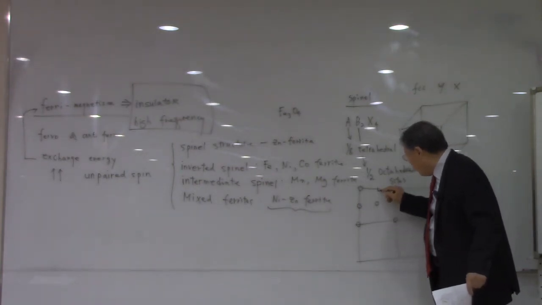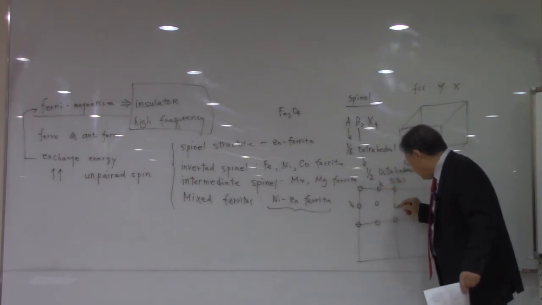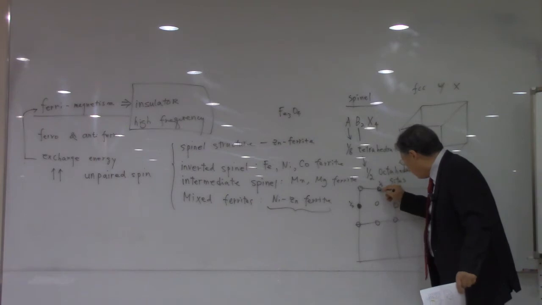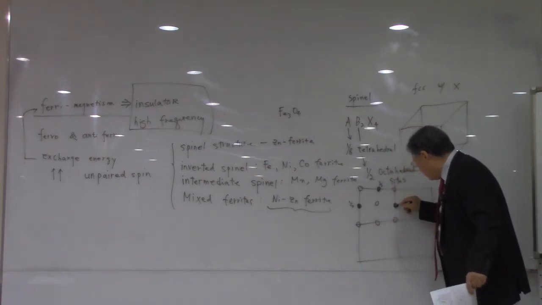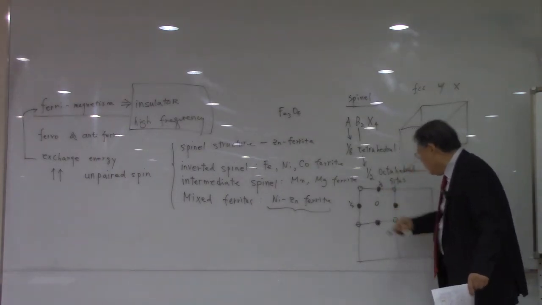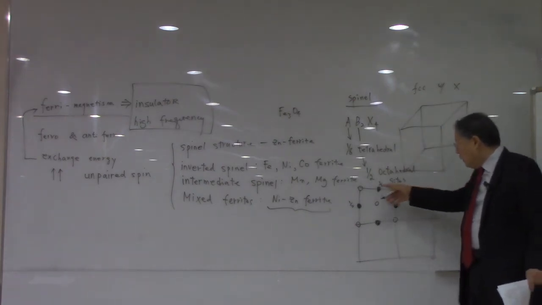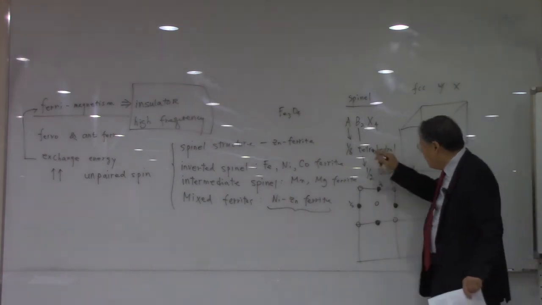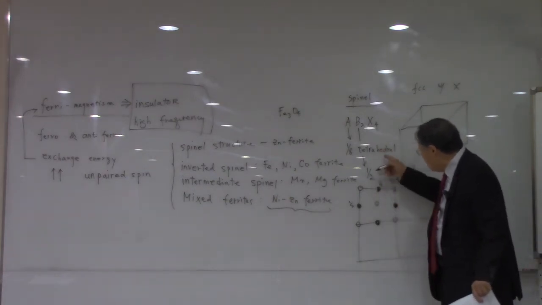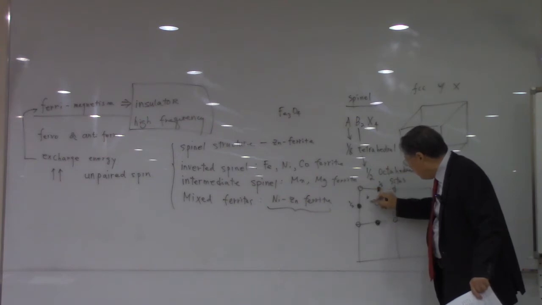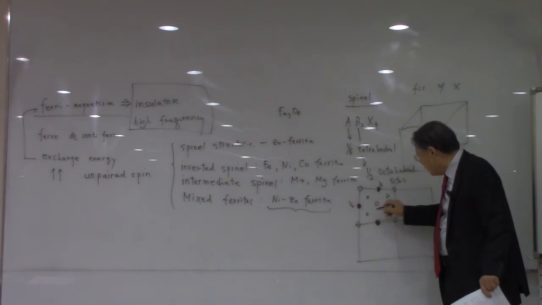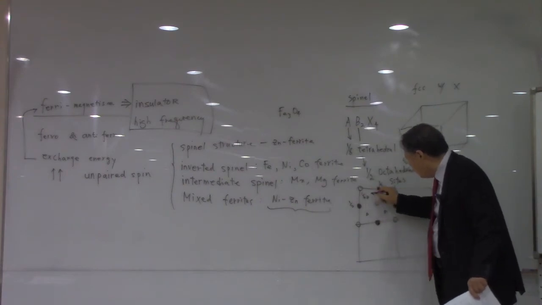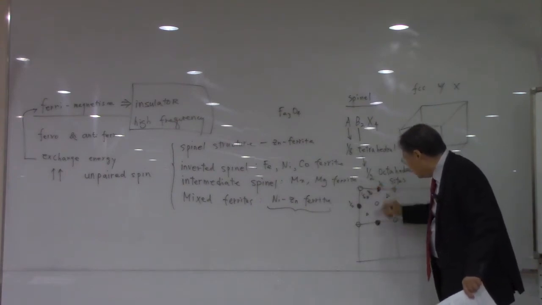And here we have a half, at the half height we have atoms here, and in total we have 4 atoms per cell, right? And the tetrahedral sites, we have 1, 2, 3, 4, 5, 6, 7, 8 at the 1/4 and 3/4.